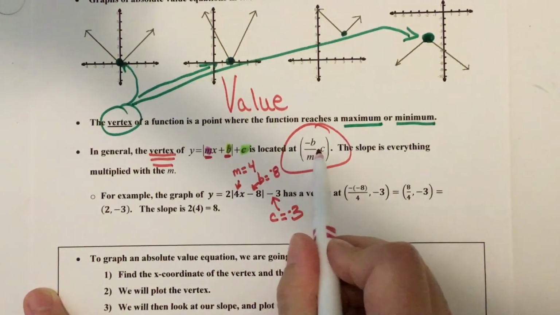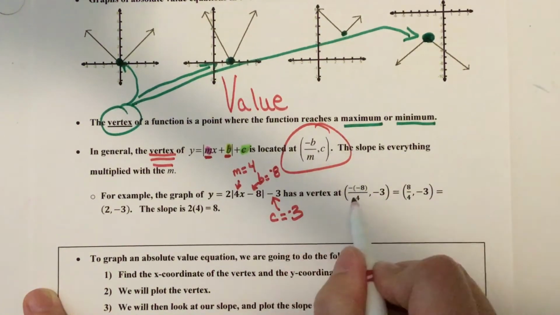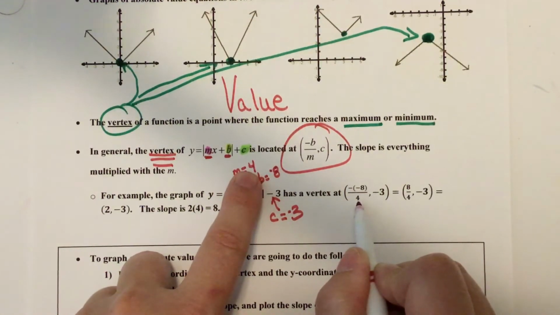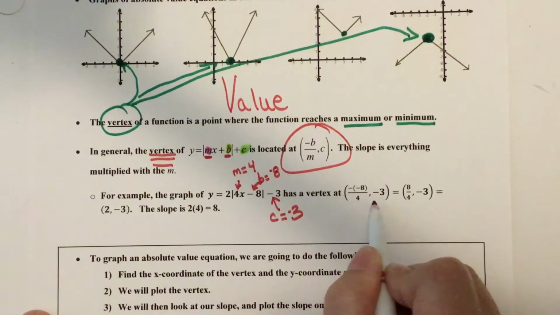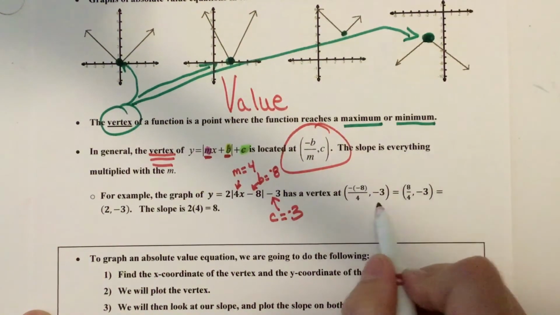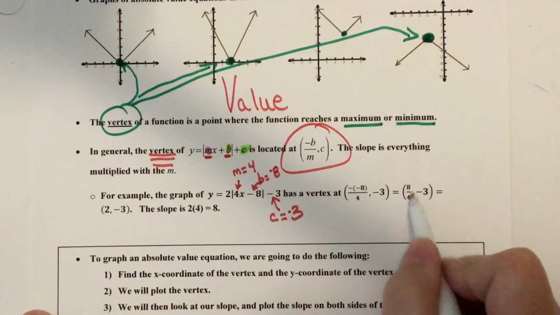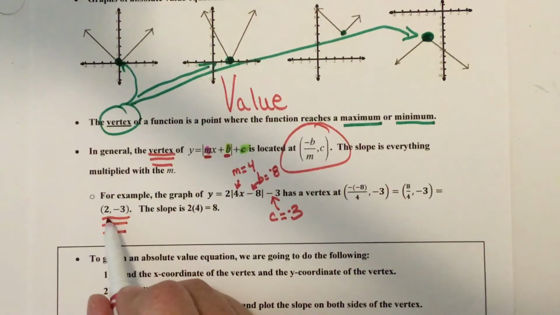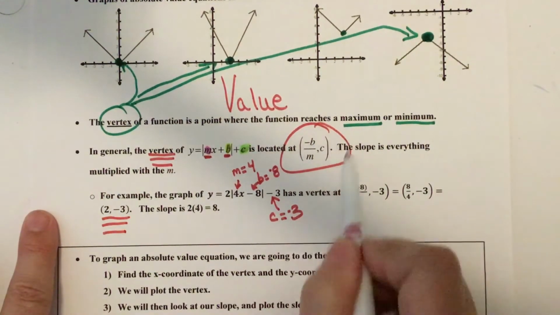Then it says divide by M. So I'm dividing by 4 because we said that 4 was the M. And then comma C. We said C was this -3, so that's where the -3 came from. Then you just clean it up. 8 divided by 4 makes 2, and so that's where the 2, -3 came from. So that's our vertex, and we found it using this formula.